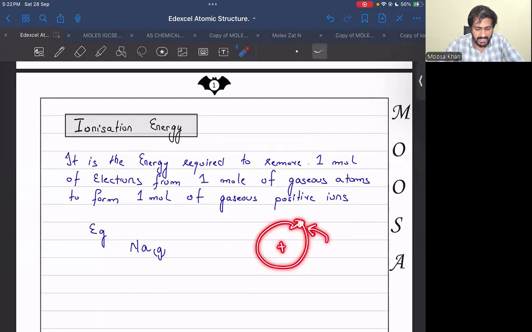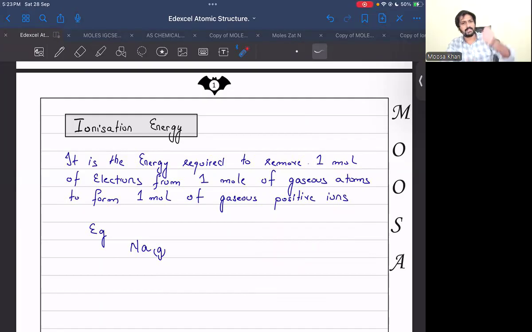These electrons will gain more kinetic energy, and finally they will overcome the nuclear force of attraction and move away. If the nucleus is holding the electrons, we just have to heat it. It will start vibrating more vigorously, and a time will come when it will start moving away. And the electron at the highest energy level will be the first one to be removed.